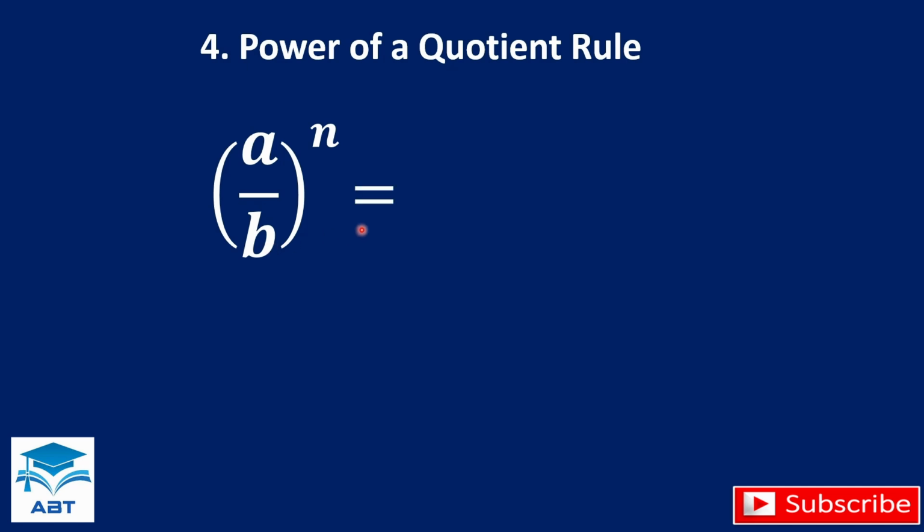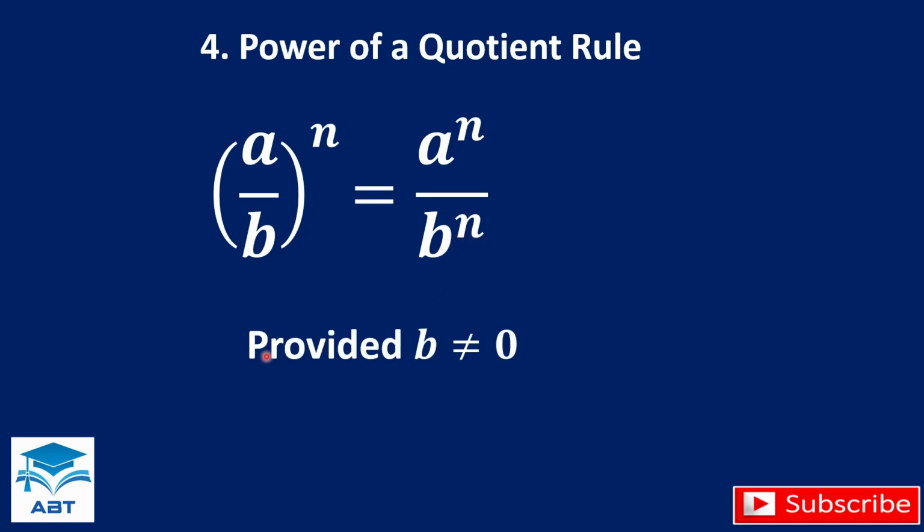So we have a exponent n divided by b exponent n. But the denominator b should not be equal to 0, or else it will be undefined. A function is undefined when the denominator is 0. So this is the power of a quotient rule.